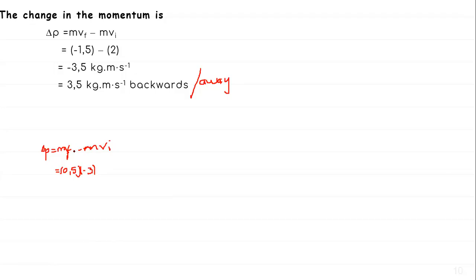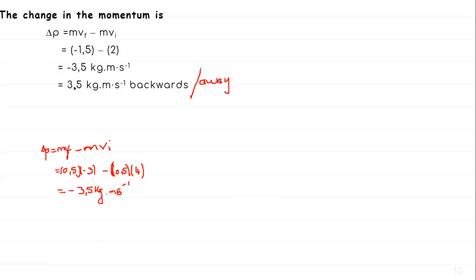Right? Minus, which comes from the formula, the mass is still 0.5. Right, these are actually brackets. And the initial velocity, it was towards the wall, and it was 4, and it was a +4. Then you get your answer. It gives you -3.5 kilograms dot meter per second.